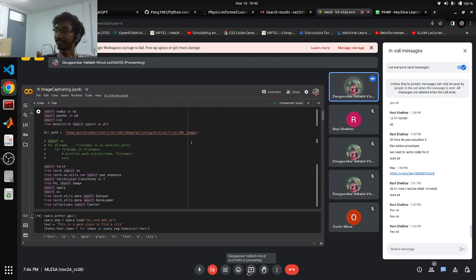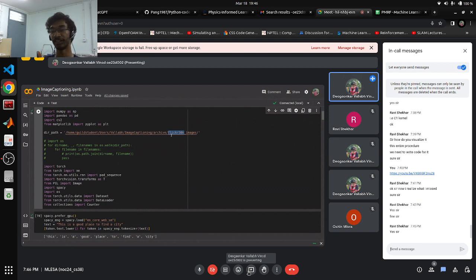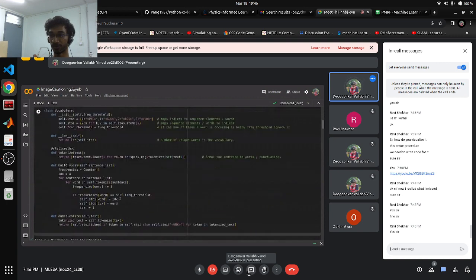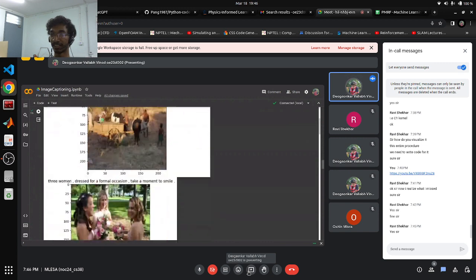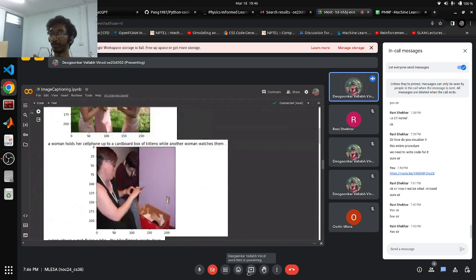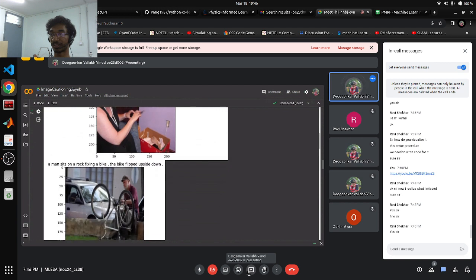We are using the Flickr 30K data set. This data set has almost 30,000 or more images, and each of them is captioned. What you saw here are examples from this data set: some images and a caption for each. The caption is given by a human, and that is our training data set.